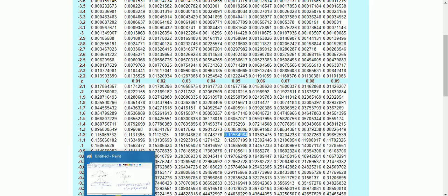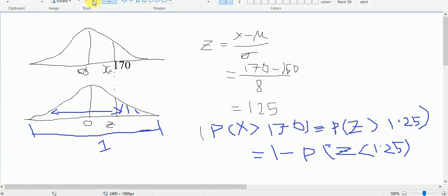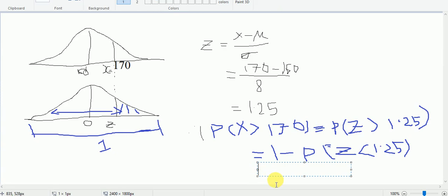So basically this becomes equal to 1 minus this value, which will be approximately 0.105. So this is my answer, 0.105.